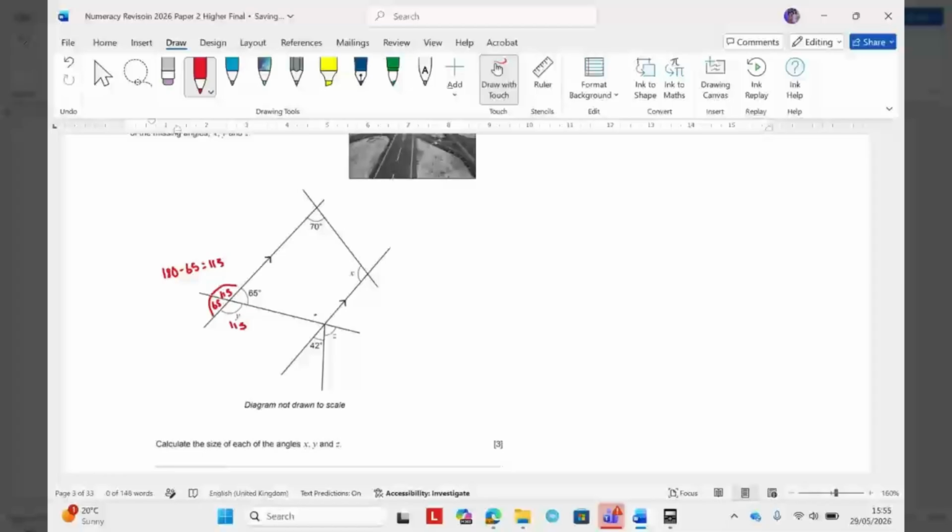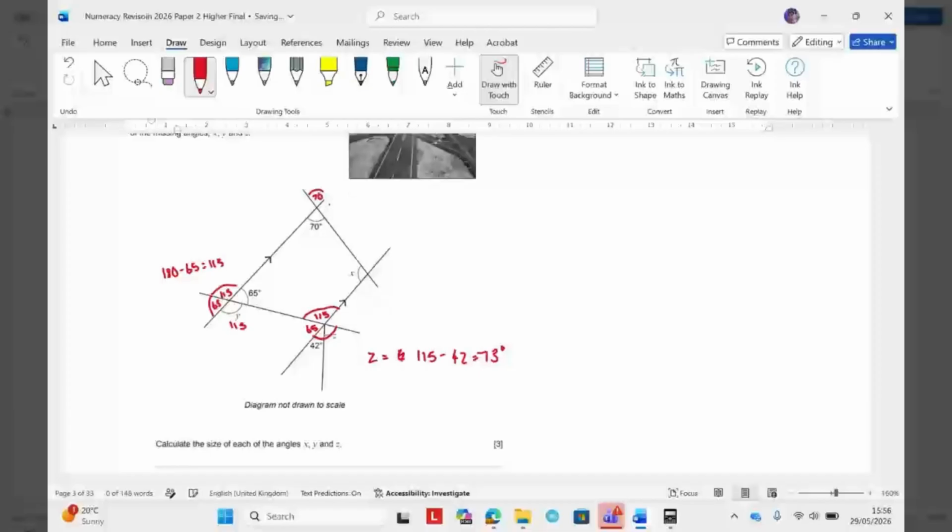So down here, you've got 115 and 65, but, oh, look. What they've done here is this 115 that's also here, that's opposite here, they've split it into two parts, 42 and Z. So actually, to get Z, I need to take the 42 away from the 115, which is 73 degrees.